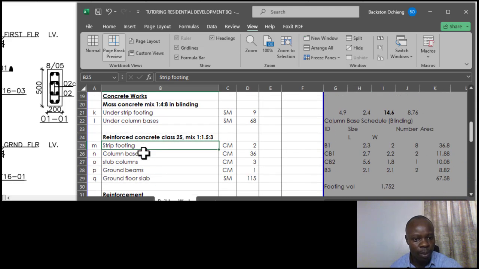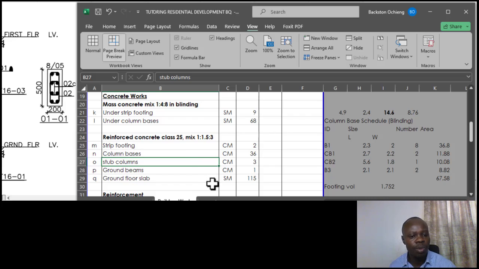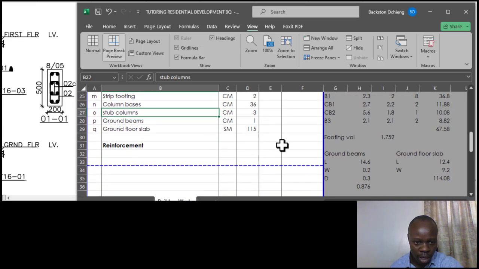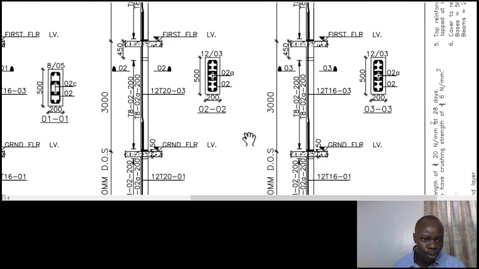So we've done the reinforcement for the strip footing. We've also done the reinforcement for column bases, stub columns, so the foundation columns is what we were covering. Then there is a little bit left for the ground beams, and then we'll call it done for the reinforcement bars. So let's see what we have for the ground beams.